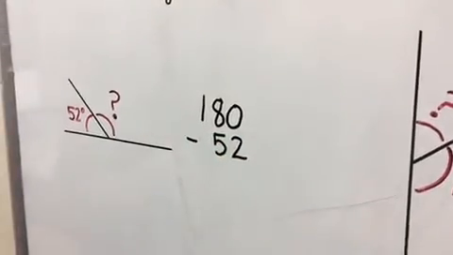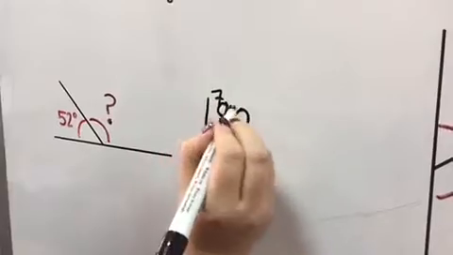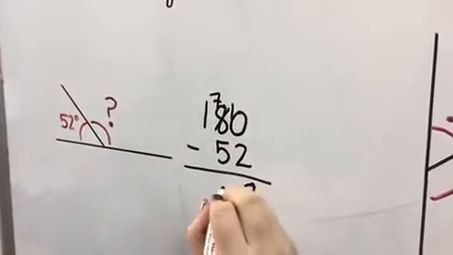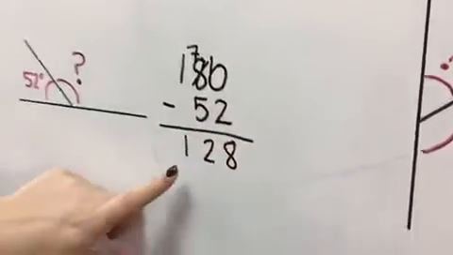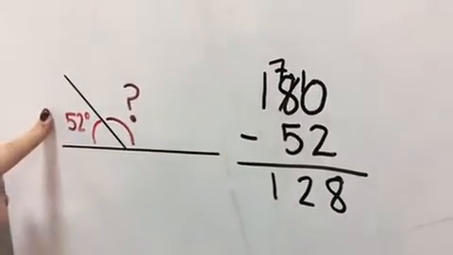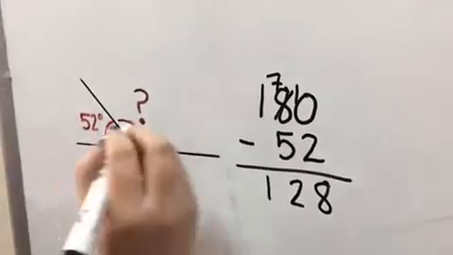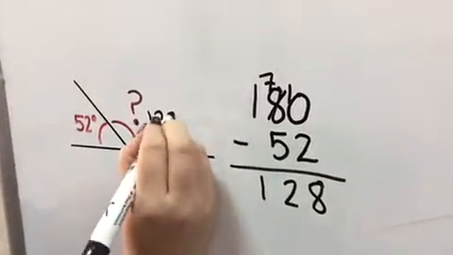So I'm going to use the column method. I'm just going to quickly do this. So that's given me 128. Now 180 take away 52, which is this angle, gives me 128. So my missing angle must be 128 degrees.